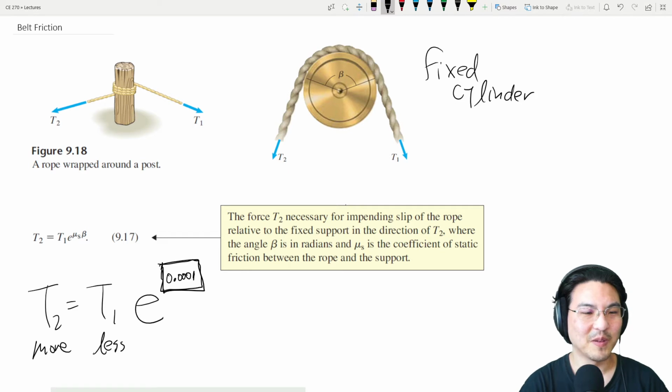Okay, so remember that for this formula, right? This quantity right here is for sure greater than 1, which means this is more, this is less. T2 is more, T1 is less. Okay, so remember that forever as far as the application of the formula.